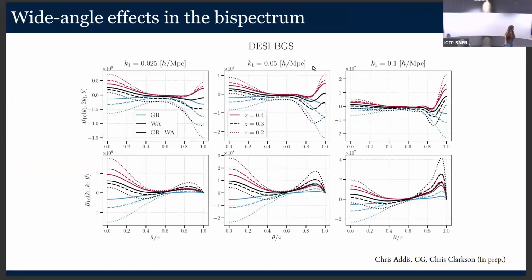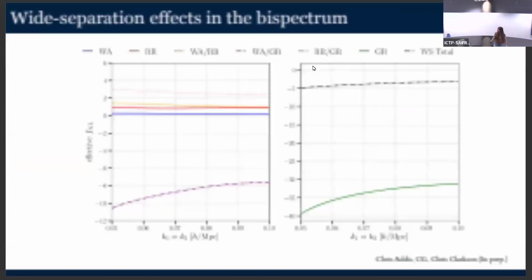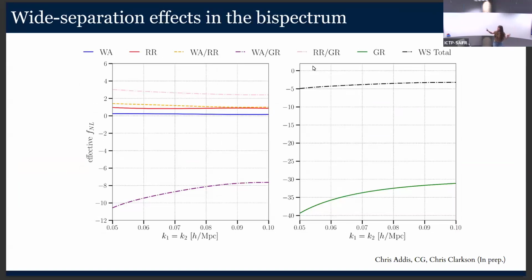I'm going to skip all of the other places, but I'll finish with this plot here, which is basically telling me that if you try to constrain the exquisite configuration that you had from inflation, for example, if you try to constrain the local FNL with the bispectrum, the presence of wide angle effects will generate some effective FNL.